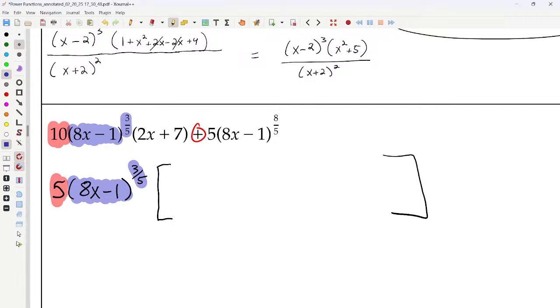When we do that, 10 divided by 5 becomes 2. And 8x minus 1 to the 3/5 minus the same base to this exponent, we subtract them. 3/5 minus 3/5 is 0, so that just becomes a 1. I'll put that there. And then we have this remaining factor of 2x plus 7.